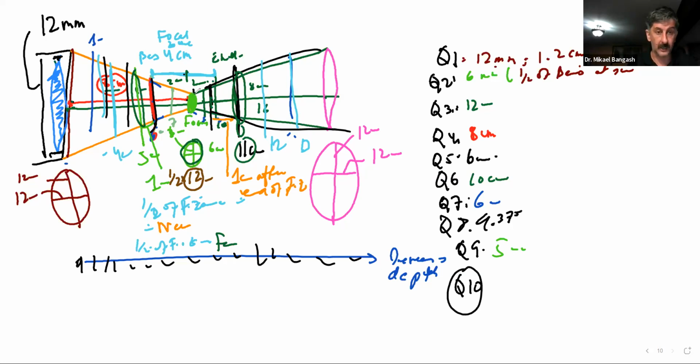So that marks the point of focus. Now, if you go to the next one, which says end of Fraunhofer zone. Now, you have to know what the Fraunhofer zone is. Because Fraunhofer zone is just another name for the far zone. And the end of far zone or Fraunhofer zone is going to be here.